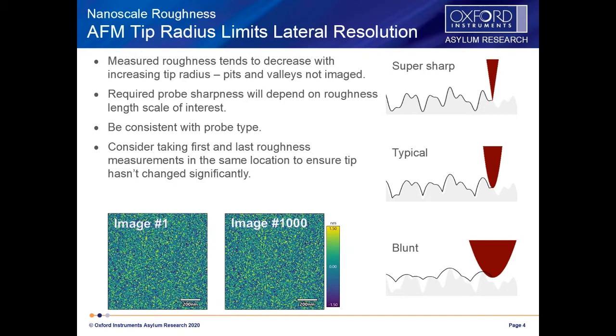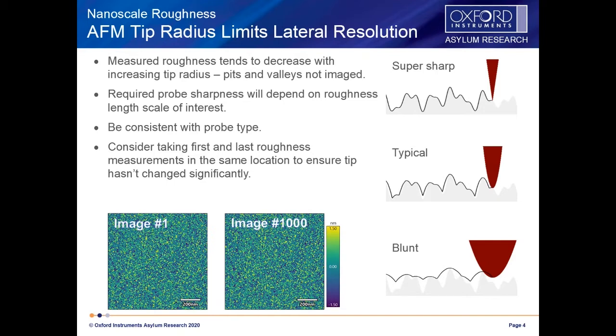And also, it would be a good idea to make a measurement on the same sample first and the last time to make sure your tip has not changed as you're measuring different samples. So the two images on the left is an example of a measurement done on a Jupiter AFM where we took 1,000 measurements on the sample and the roughness did not change over time.